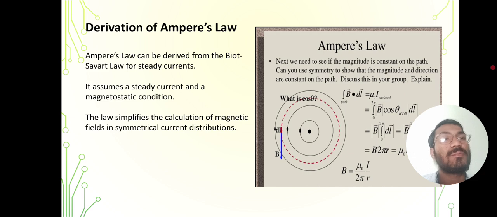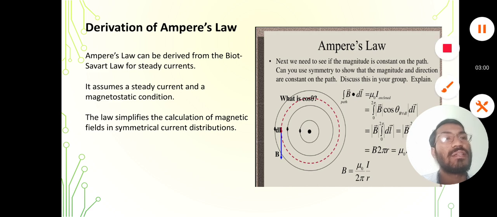We need to see if the magnetic field is constant on the path. Using symmetry, we show that the magnitude and direction of the magnetic field are constant on the path. The integral of B dot dl is equal to mu naught I enclosed.